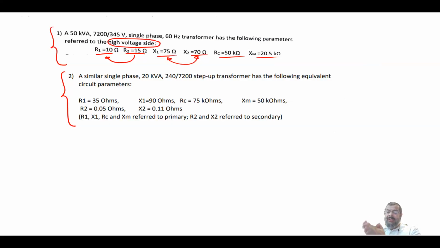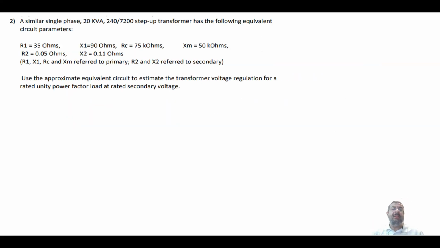As I mentioned, the resistance and impedance at the low voltage side is much less than at the high voltage side. This is a fundamental difference between this question and that one: there the values already had one common referral side, but in this question, part of them refer to the primary and part to the secondary. I just want to make this note before we proceed.